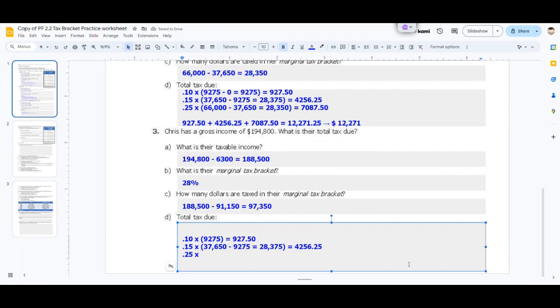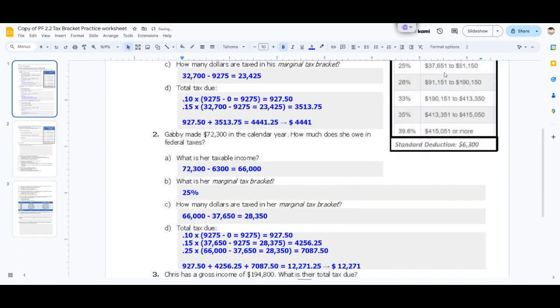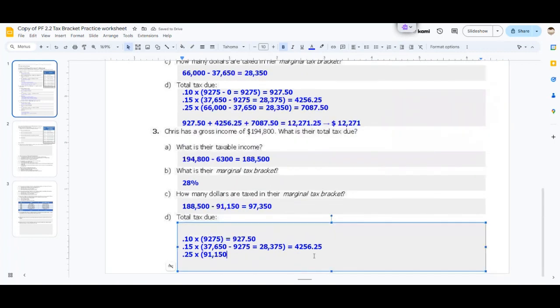All right, so we're going to take the upper limit, 91,150, the upper limit of that 25% bracket, minus the dollars that had already been taxed, 37,650. And that means this bracket has $53,500 in it. So 25% of that is 13,375. And then finally, Chris is in the 28% bracket.